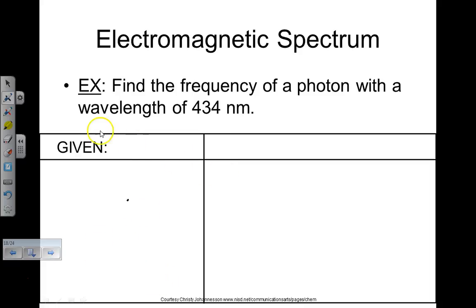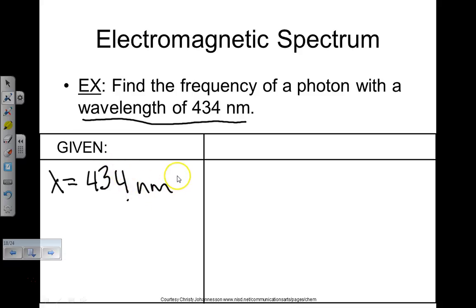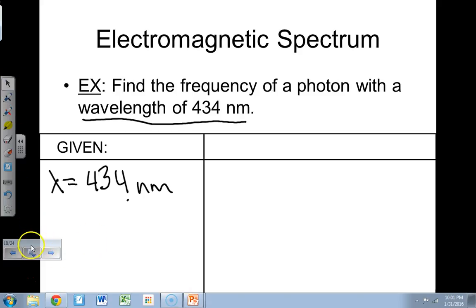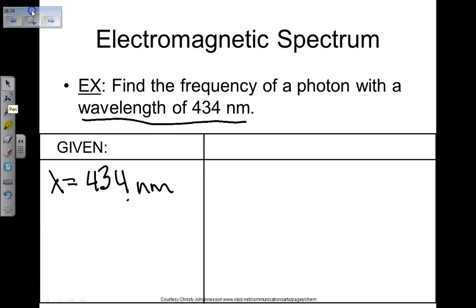And so we are given that the wavelength, which is symbolized lambda, is 434 nanometers. Now, problem? It needs to be converted into meters. So we have to remember our unit conversions.